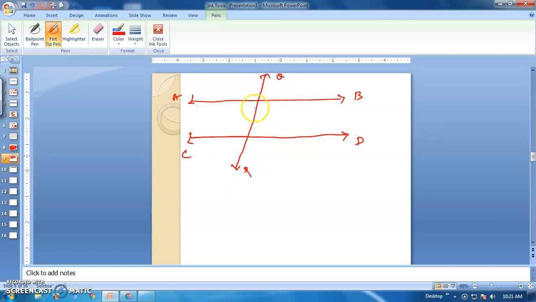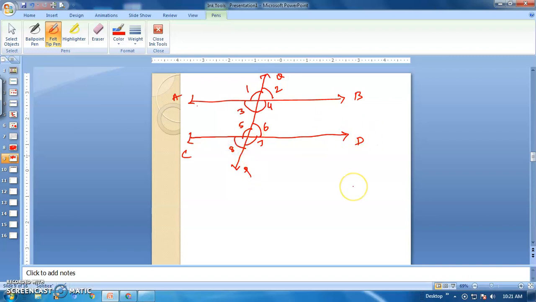And here this is angle 1, this one angle 2, this one angle 3, this one angle 4, and this one 5, 6, 7, 8.